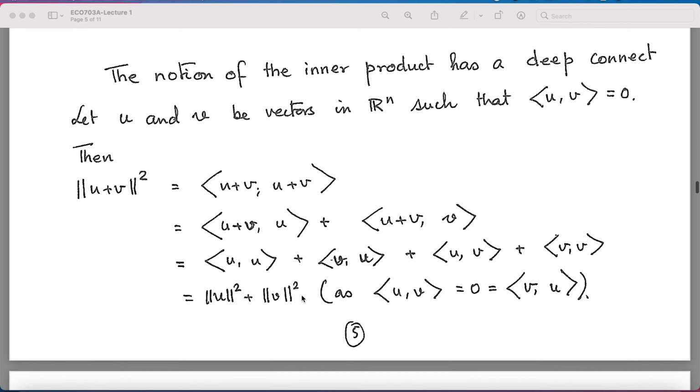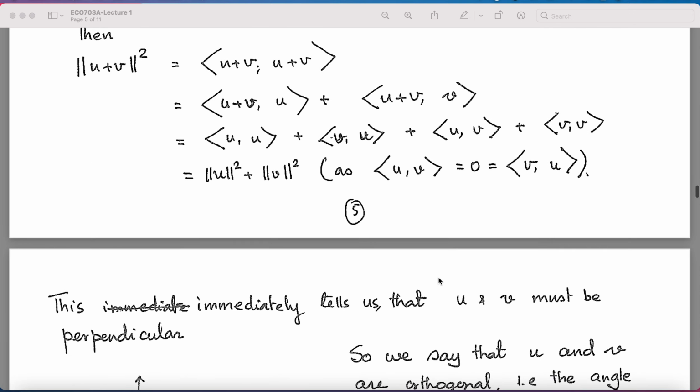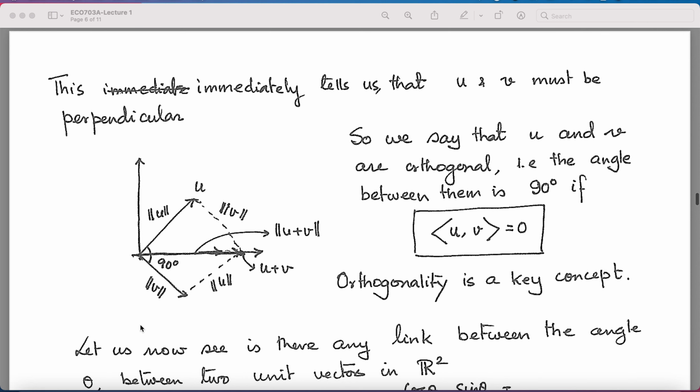So, norm u square plus norm v square. Because the inner product of u and v is 0, because I have already assumed that, the square of one side is the sum of the squares of the two others. So, the angle between the sides represented by the vectors u and v must be 90 degrees.